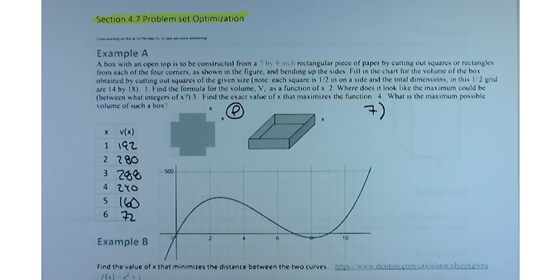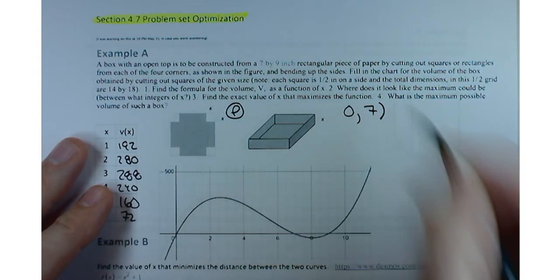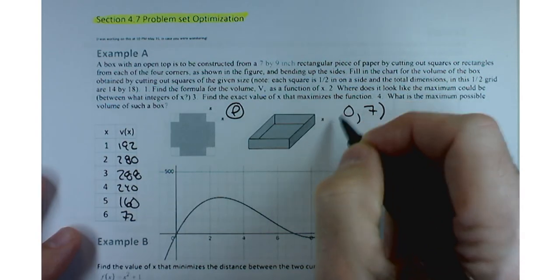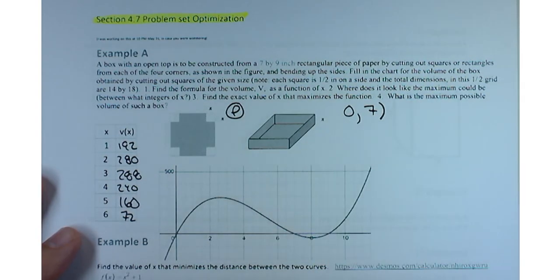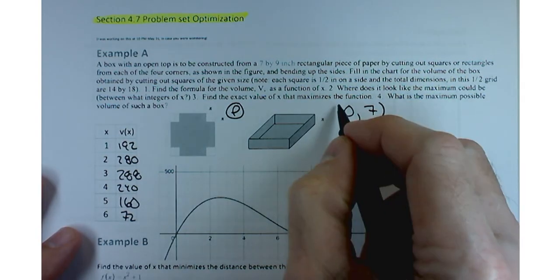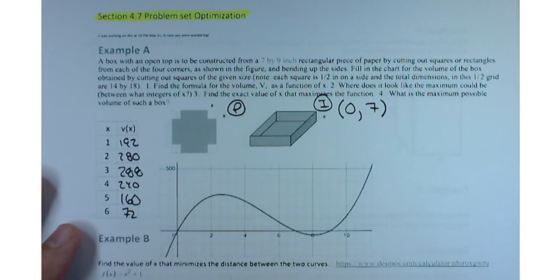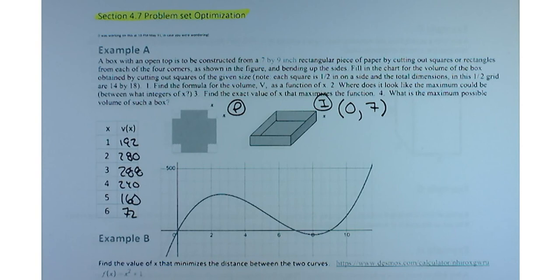Zero. Yeah, you have to cut out something. Now, can I put a bracket or parenthesis around the 0? Parenthesis, yes. Now, this is my interval. That's the values for which this function is going to make sense.